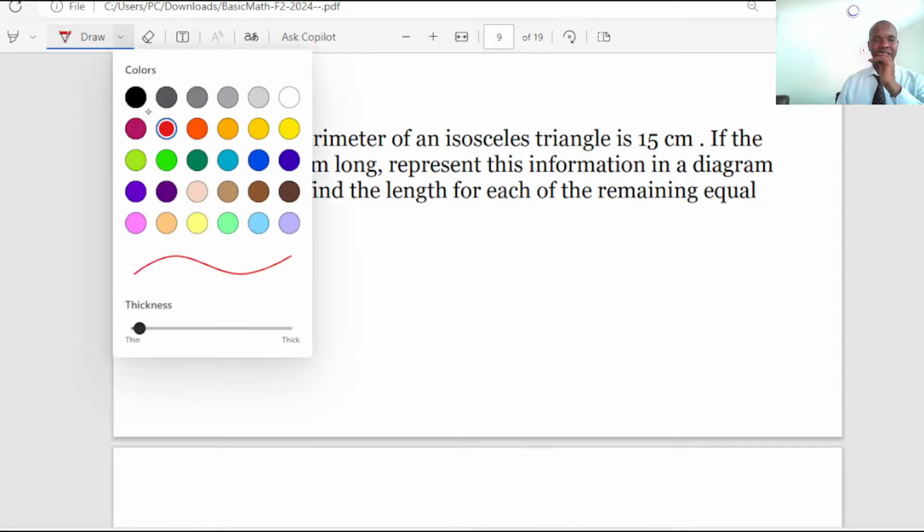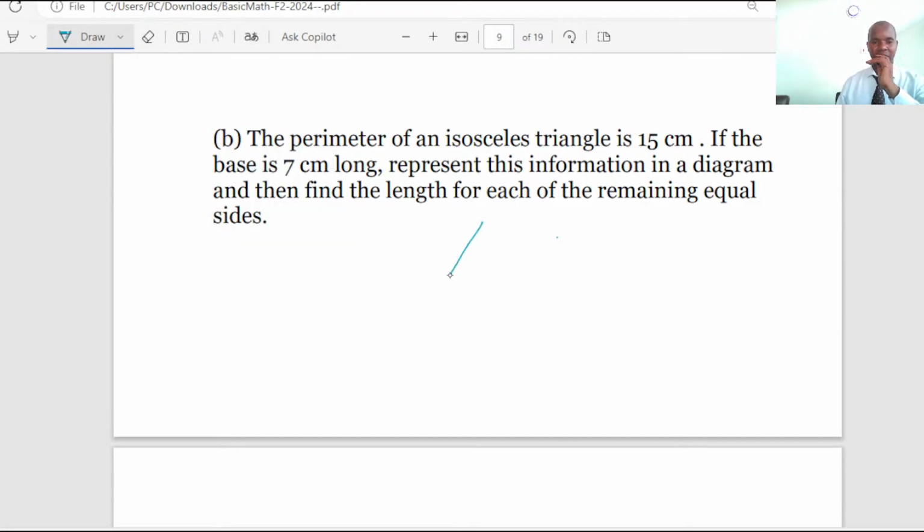So we're going to sketch an isosceles triangle. So we sketch any triangle. So this is the triangle, and the base is 7 centimeters. So this is our base, and you're going to assume that these 2 sides are the sides which are equal.